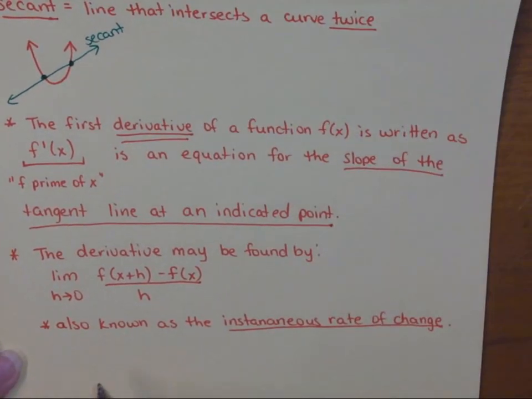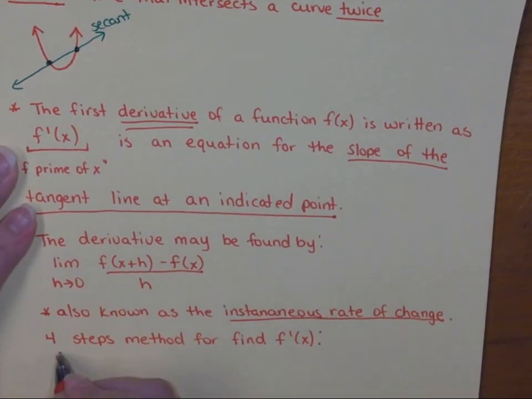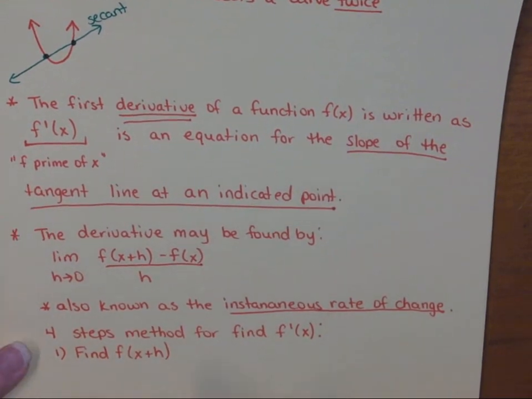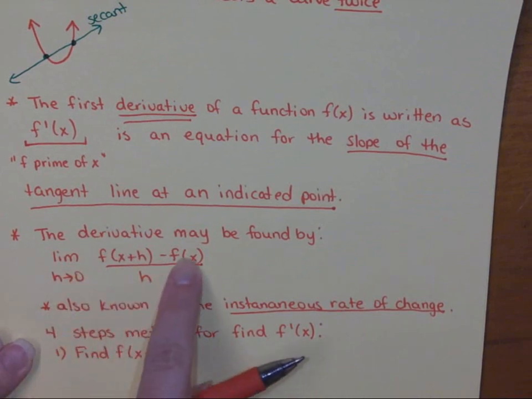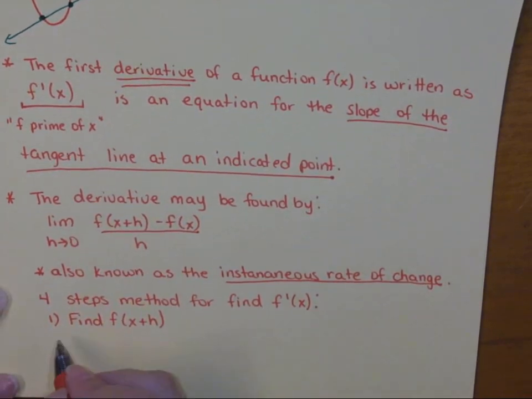So the formula for finding derivatives is kind of lengthy, but we've already practiced that this semester. The steps for finding f prime of x are as follows. The first step is we're going to find f of x plus h. So we're trying to find this whole big mess of an equation right here, and we're just going to split it up into manageable pieces.